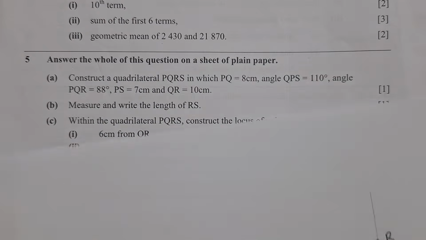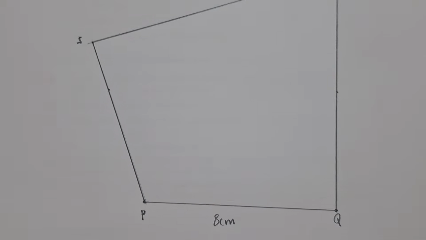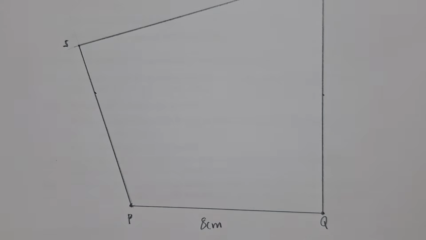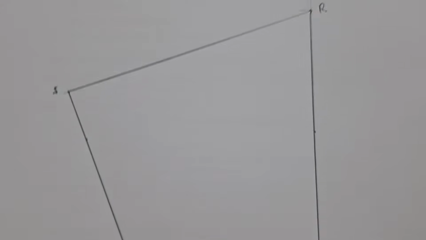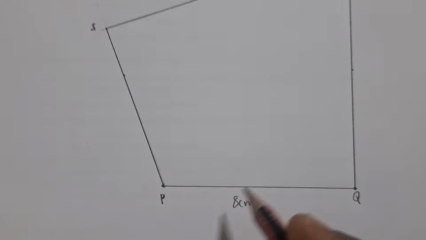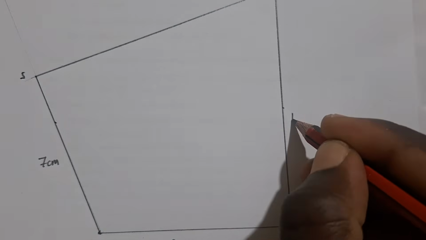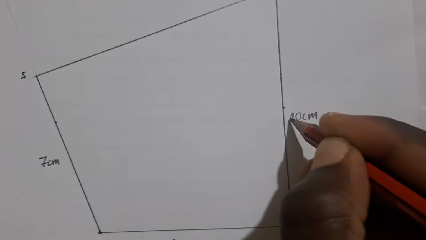Okay, so we've joined and we formed our quadrilateral. So this is our quadrilateral. Very nicely done. So make sure you do the same and all the measurements must show. Here we didn't put the measurements. You can put 7 centimeters. This is 10 centimeters. So remember to indicate those.